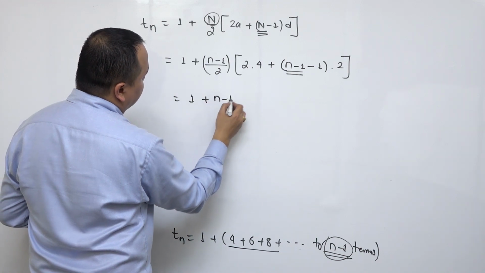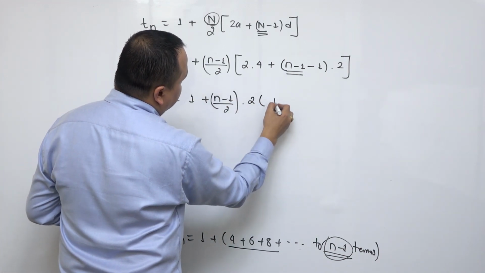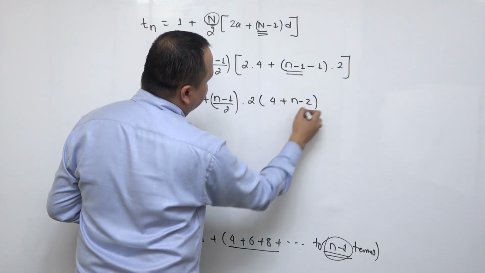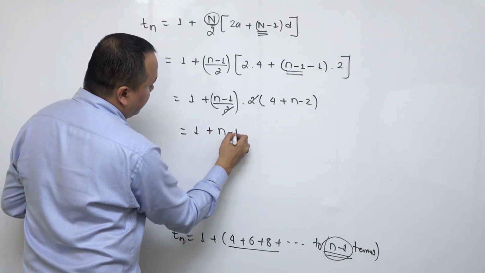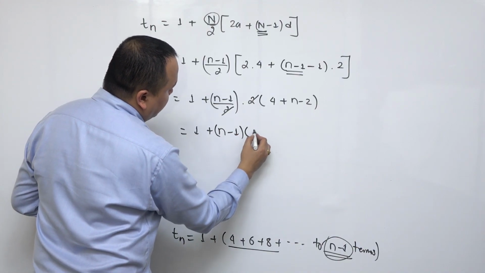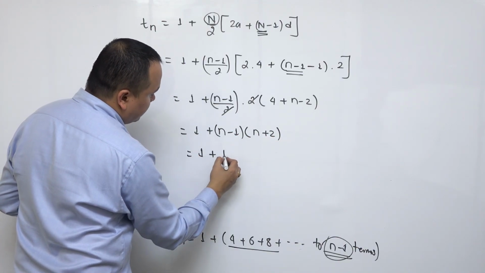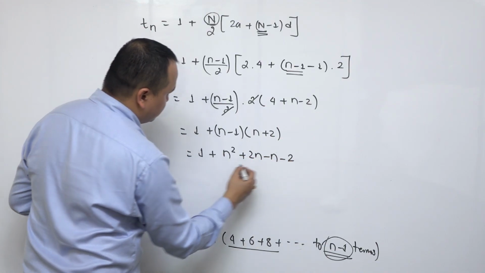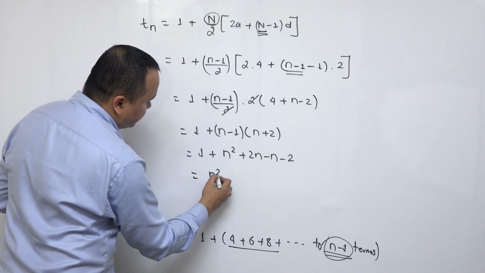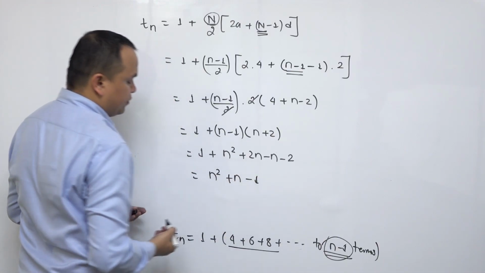1 plus n minus 1 divided by 2. Here 2 is common. Then 4 plus n minus 2, 2 cancels. 1 plus n minus 1 times n plus 2, which is 1 plus n square plus 2n minus n minus 2. The final answer, n square plus n minus 1.